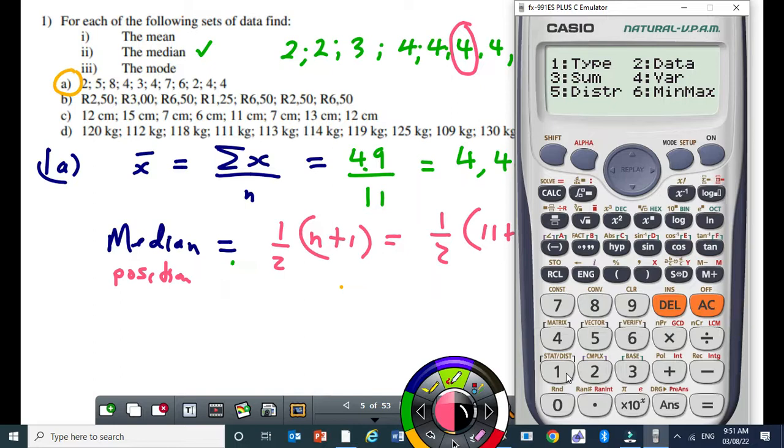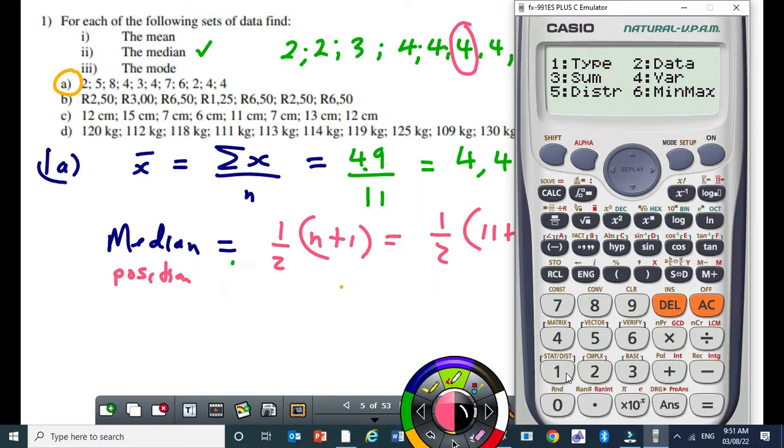Do you have option number 6 that is min-max? Don't worry about the position 6, but as long as you've got this min-max, depending on your calculator, maybe it's option 5 and so on. Do you all have min-max?